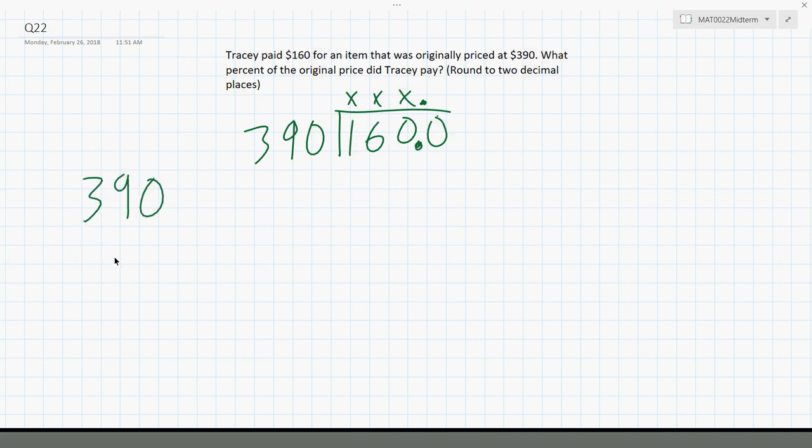390 times 4. 4 times 9 is 36. We're going to put the 6 down, carry the 3. 3 times 4 is 12, plus 3 is 15. That looks pretty close. No, 4, my bad. No attention to the mistake there.